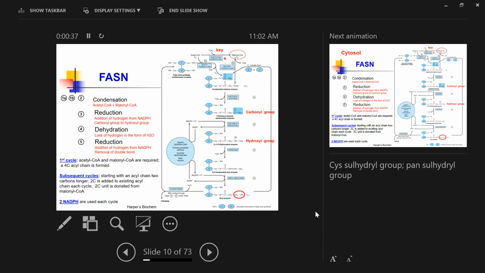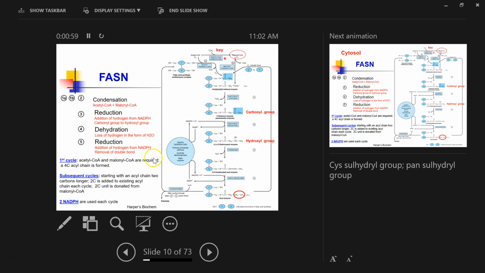The 2 carbon unit donor is actually malonyl-CoA, right? And it also needs NADPH, and you need to know where the NADPH comes from, right? We have 3 sources for the NADPH.